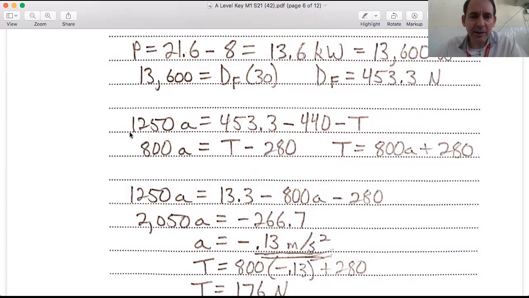So for the car, 1,250 kilograms times the acceleration equals the driving force minus the force of resistance minus the tension in the tow bar. And for the caravan, 800 kilograms times acceleration equals the tension in the tow bar minus the resistance.